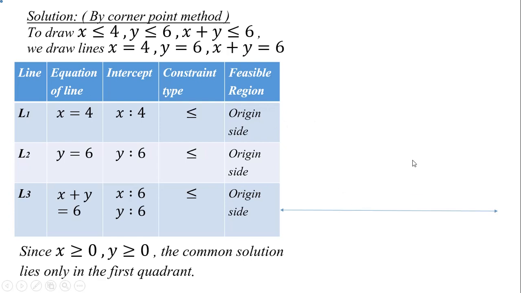Here x-axis, then y-axis. Now here x coordinate here 4, here 6. So on x-axis we require up to 6. That much place we require. Y coordinate here we see y-intercept is 6. So on y-axis up to 6.